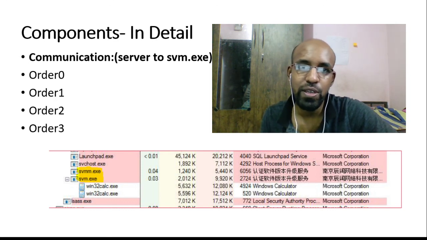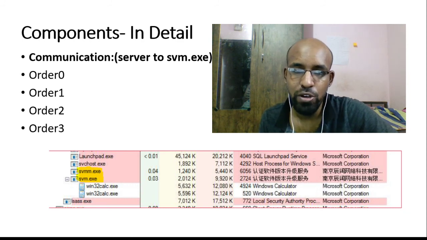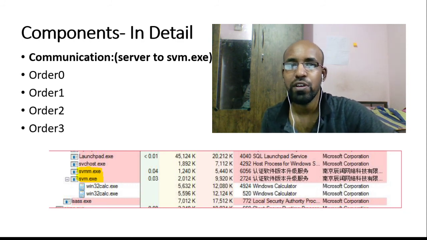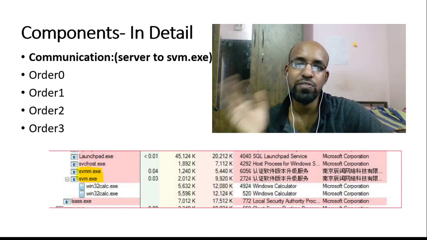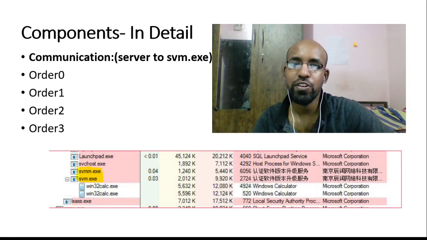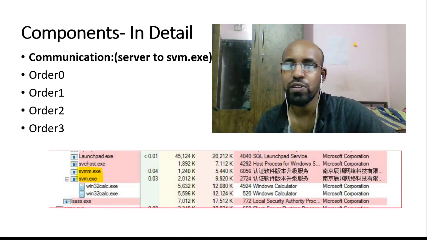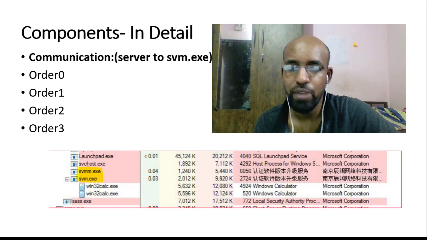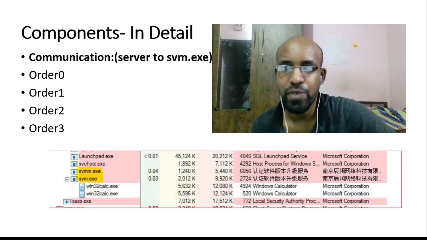Processes like SVM and SVMM.exe are involved in such a way that they gather information about the infected machine and send it to the command and control, and that person, based on the particular environment, might send command information. That's it from my side.